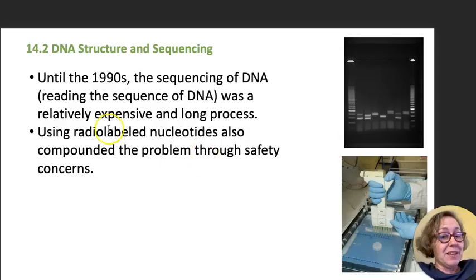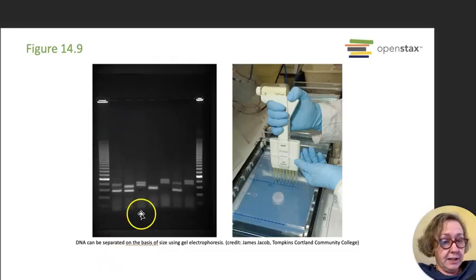Good times. So essentially, that process that I did manually can now be done using radiolabeled nucleotides, which made it much easier and much safer. So essentially, here's an electro gel, and here is someone loading the gel, which again was done by hand up until recently.